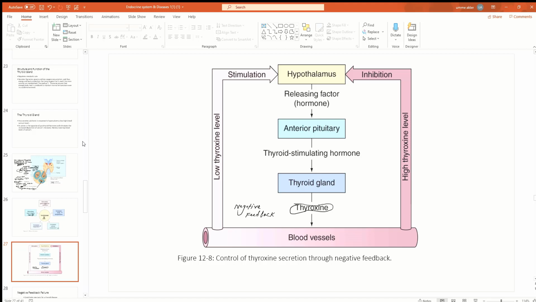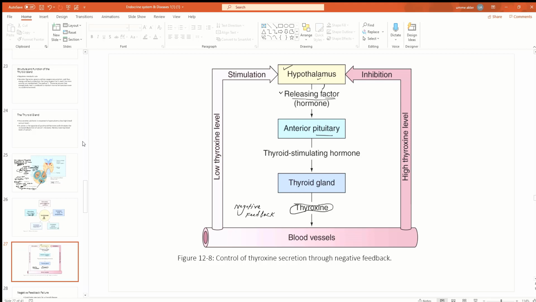So here you see I mentioned that the hypothalamus is the boss of the pituitary gland, right? So the pituitary is the master gland, but the hypothalamus is the boss of the master gland. The hypothalamus releases the hypothalamic releasing factors.